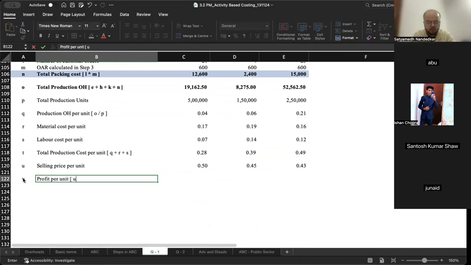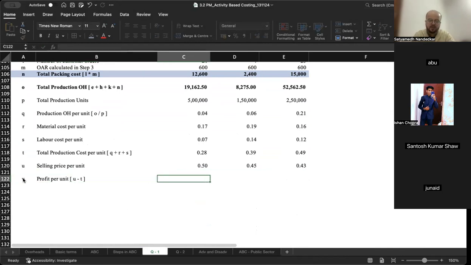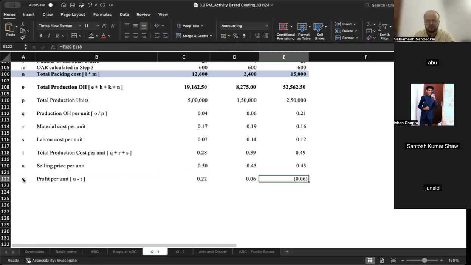U, that is selling price per unit, minus T, that is total production cost. You see, in the third product, we are making a loss per unit.